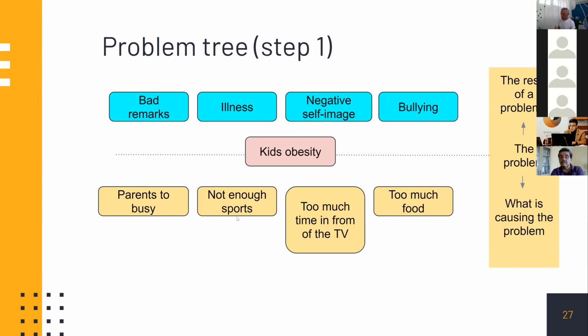If you talk about not enough sports, one of the solutions for that problem could be to allow more sports for those kids or teach kids about food. So you need to really do a very good job when finding what is causing the problem.